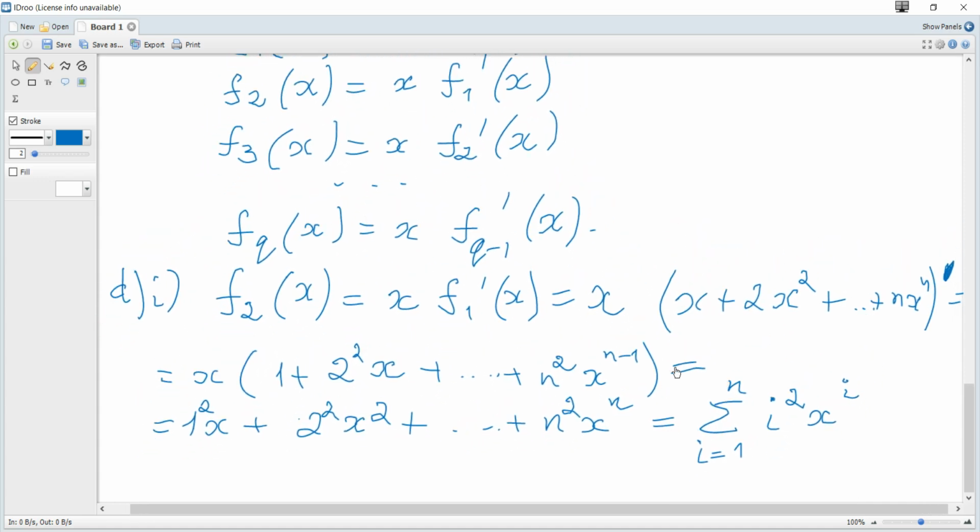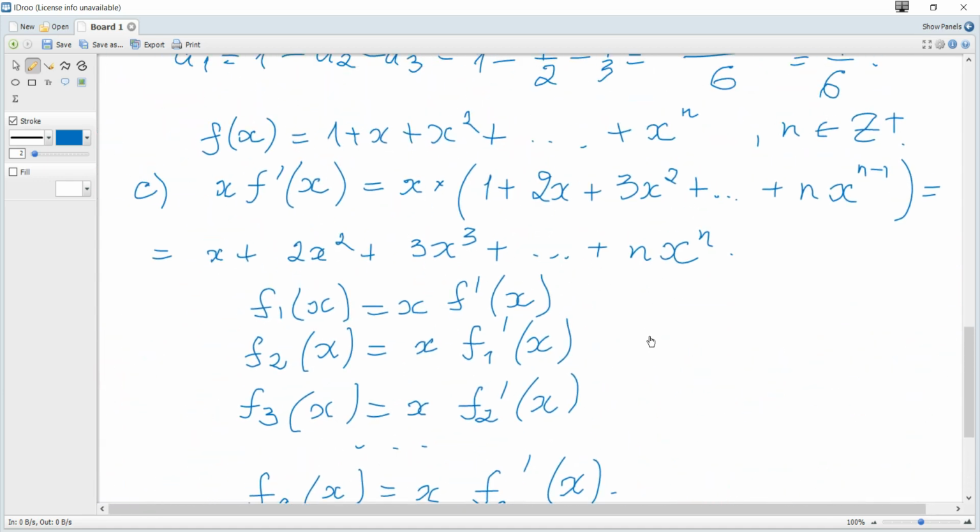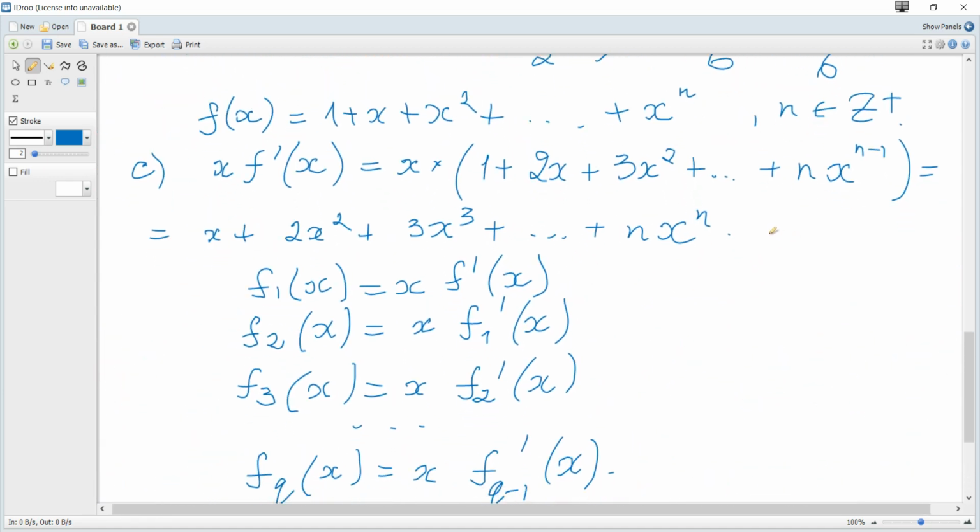Or we can consider in general using sigma notation, it's the sum for i from 1 to n of i x to the power of i.